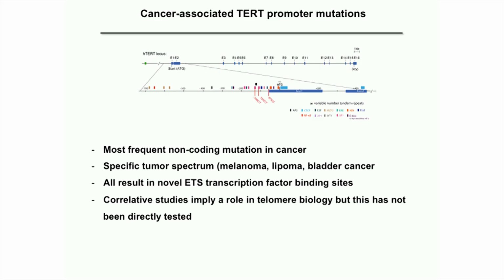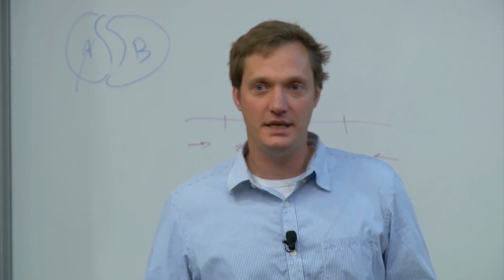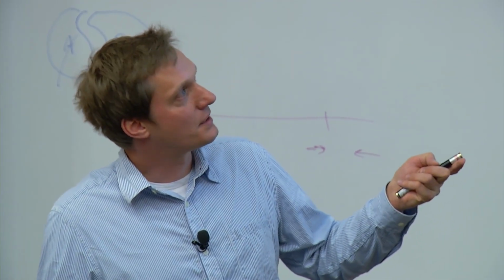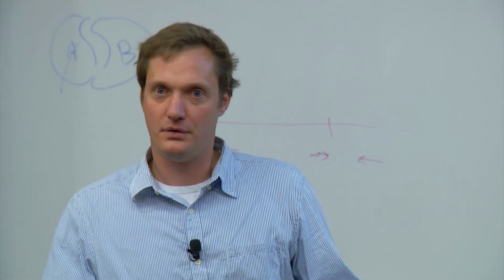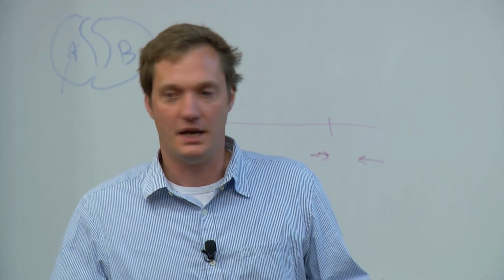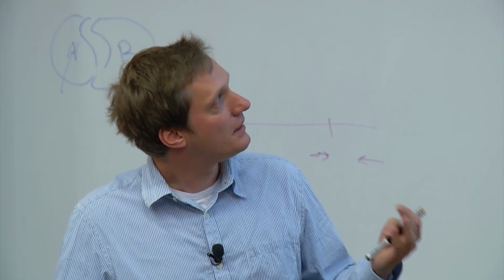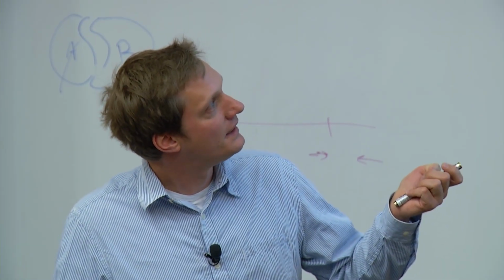And this mutation is found in a very specific spectrum of tumors. So it's found in melanoma, it's found in lipoma and bladder cancer, but it's, for example, never or very, very rarely found in lung cancer, very rarely found in any blood cancers or intestinal cancers. This specific non-coding mutation, 120 base pairs upstream of the ATG, generates an ETS transcription factor binding site that a few weeks ago was reported to be a GABP alpha mediated transcription factor binding site.